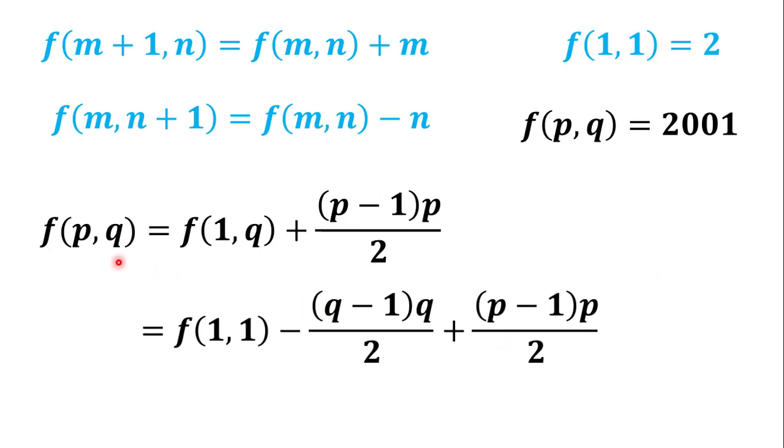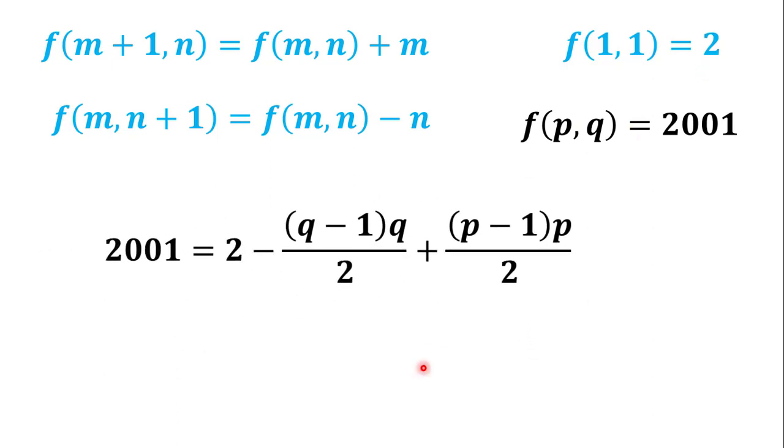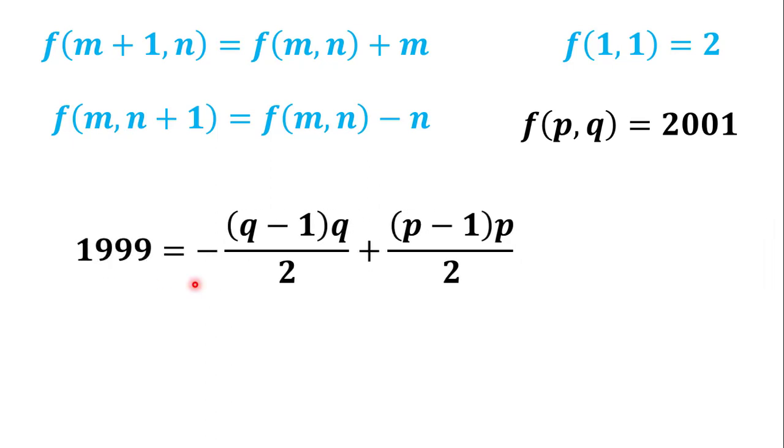f of p and q is equal to 2001, and f of 1 and 1 is equal to 2. We can subtract 2 from both sides, then multiply by 2.